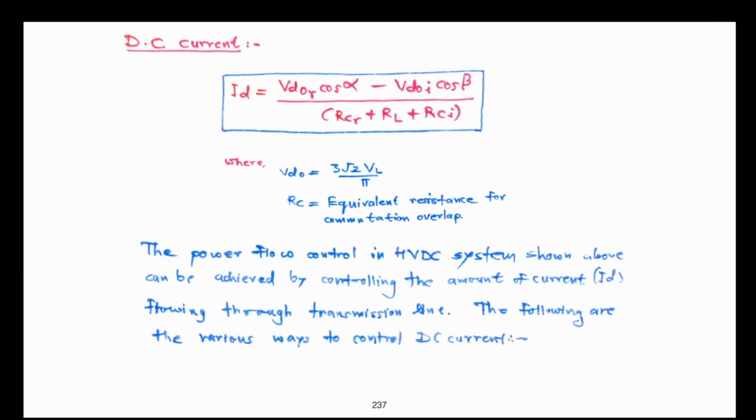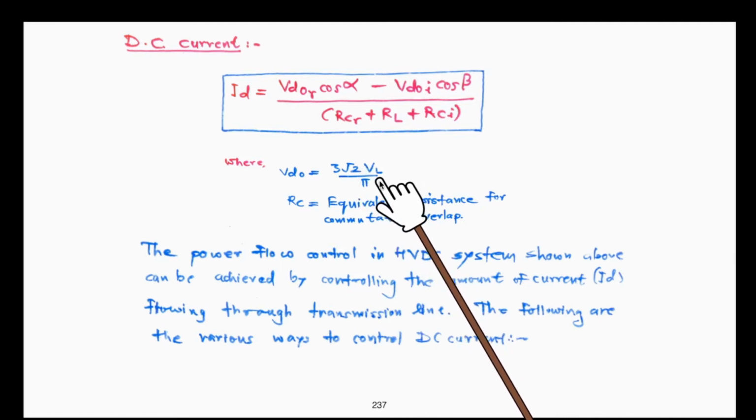From the equivalent circuit, it is possible to write the equation for DC current as equal to rectifier end DC voltage from the equivalent circuit, minus inverter end DC voltage divided by sum of all the resistances in the circuit, line resistance and commutation drops for inverter and rectifier end, right? Please realize what are VD0R and VD0I. You can see VD0 is actually 3 root 2 VL upon pi or 3 root 3 VM upon 2 pi.